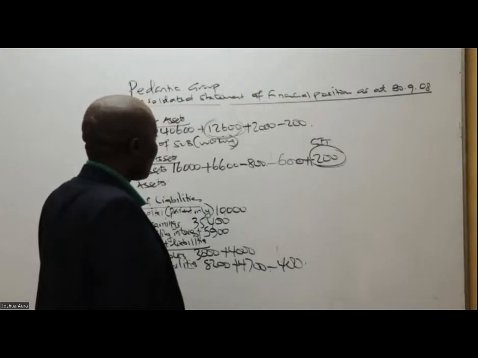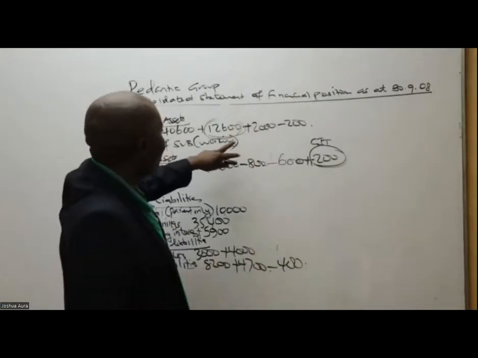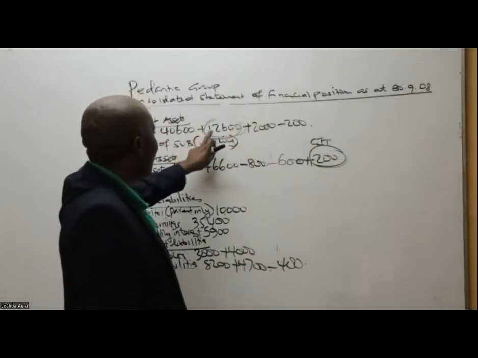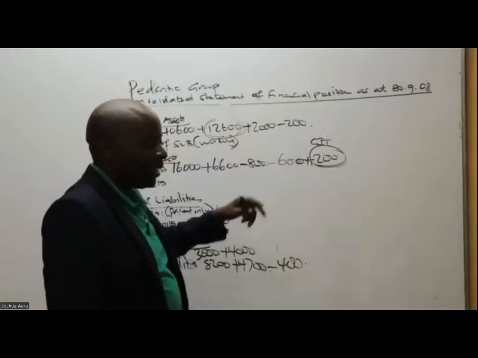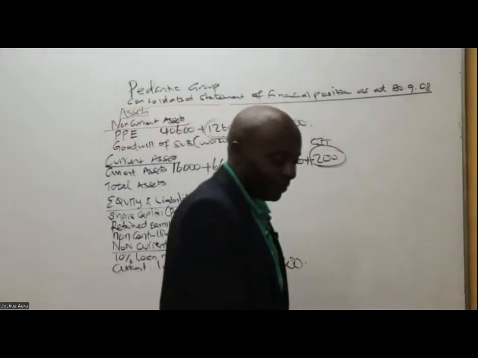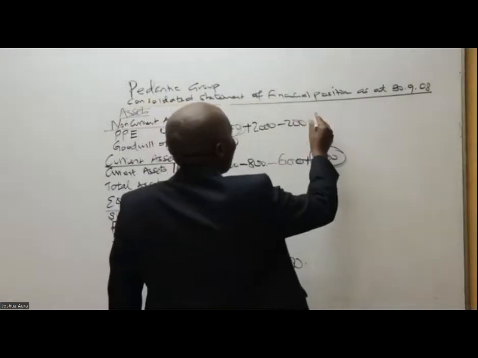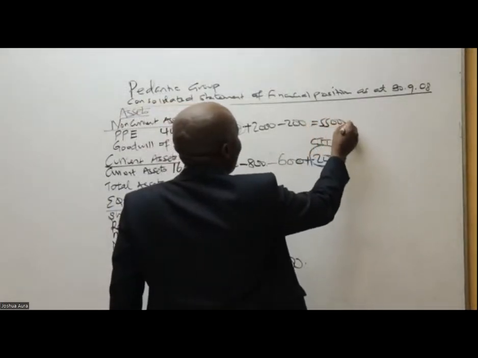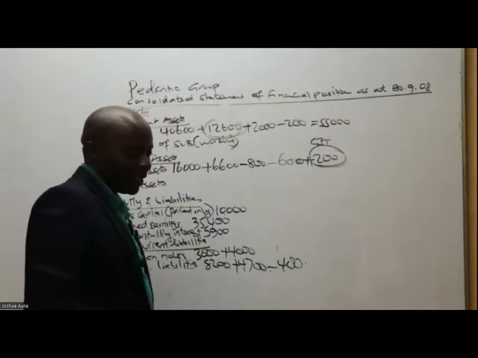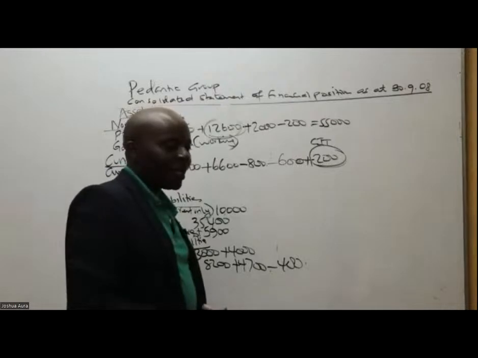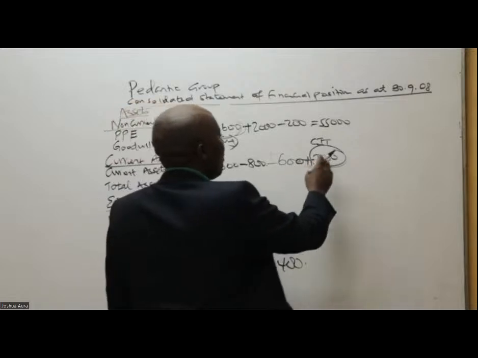Kabla ya working, because I would want to create some space, hebu nipatie hizi answers. So kama PPE ni ngapi? PPE Jackie anasema ni 55,000. Haya. Current assets, nani akona figure ya current assets? Current assets 21,200.